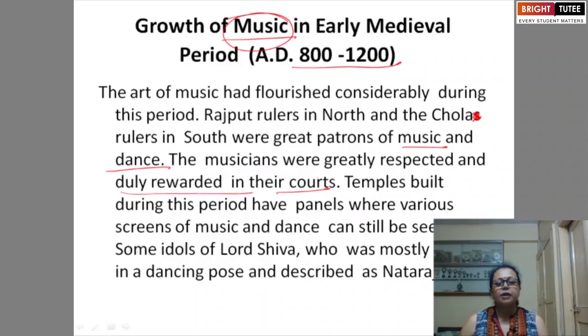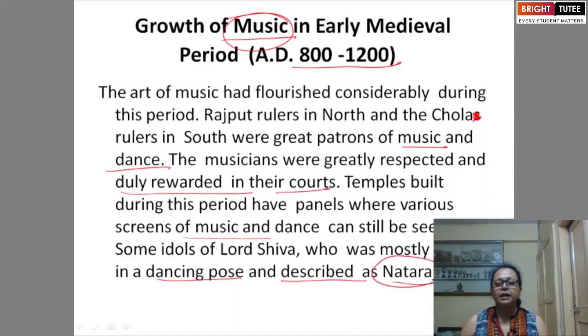Temples built during this period have panels where various scenes of music and dance can still be seen. Nowadays also, in many temples, paintings, miniature paintings and sculptures are shown. Some idols of Lord Shiva were mostly shown in a dancing pose, described as Nataraj.